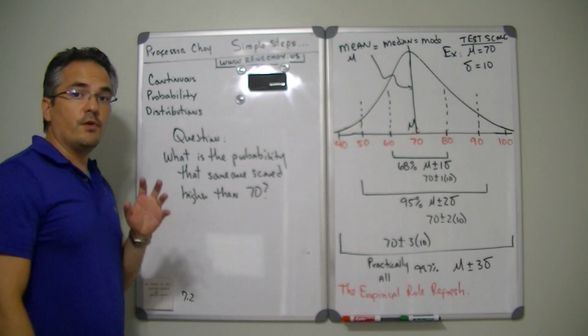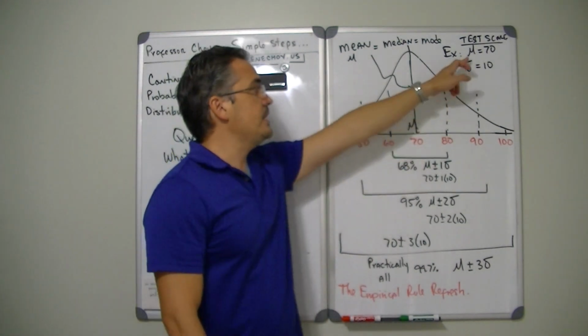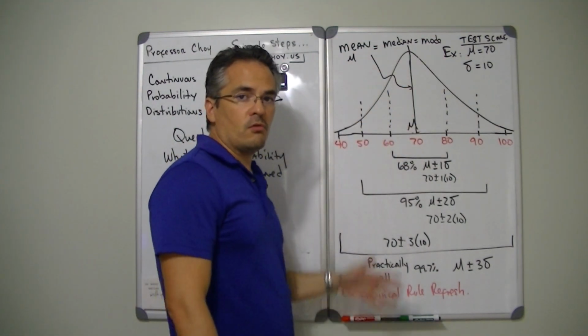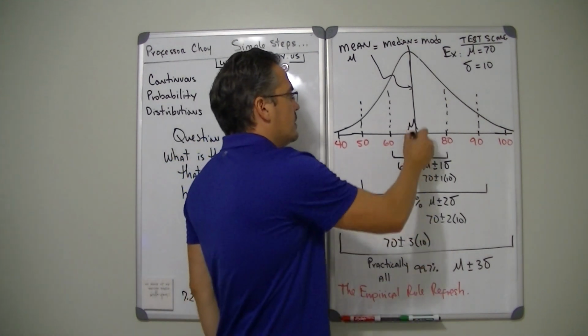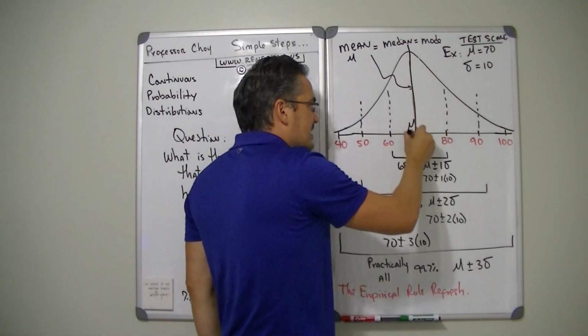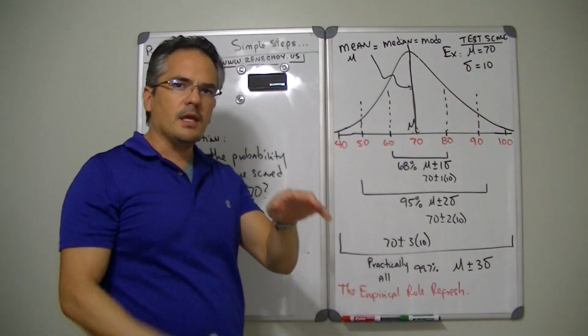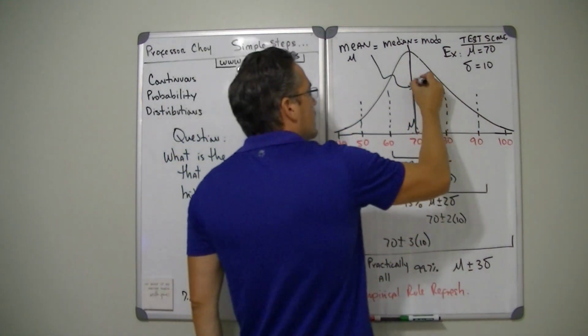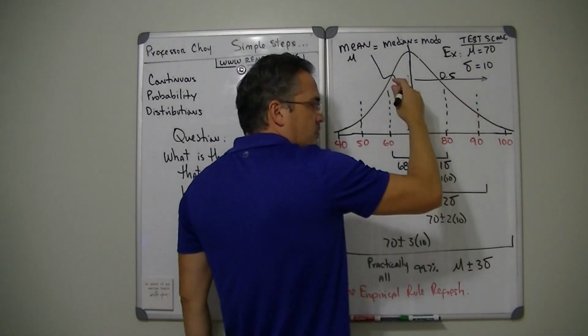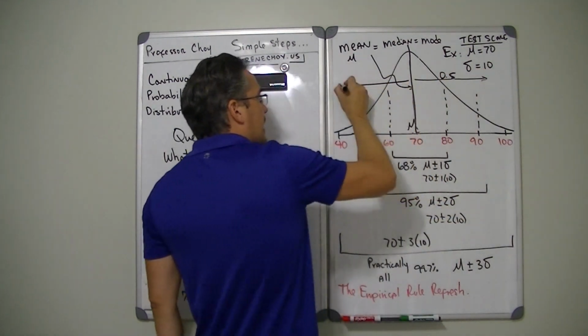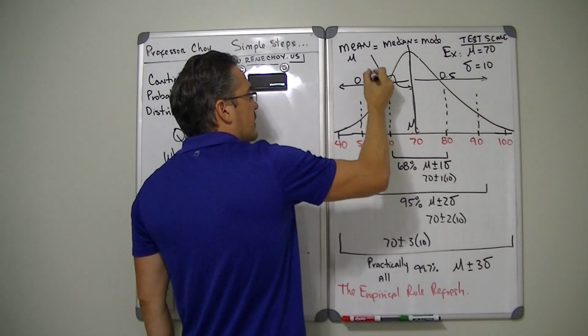Alright, now if we know that 70 is the mean, and we know that this is a normal probability distribution, then we know that we can slice it in half. So half of the students, or 0.5, are going to be to the right of that, and half of the students are going to be to the left.